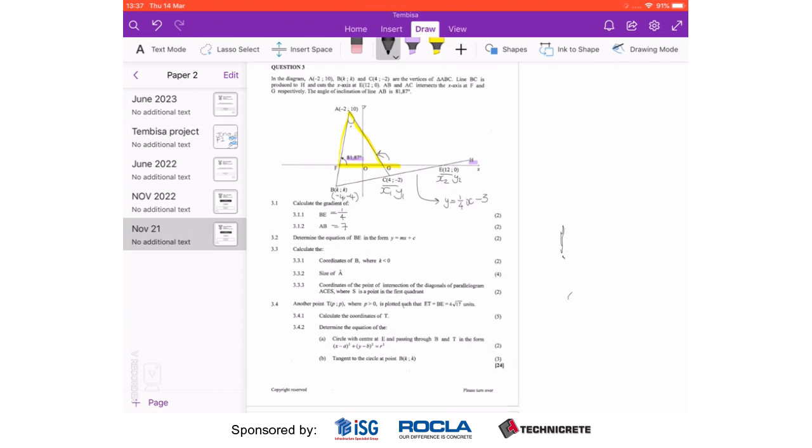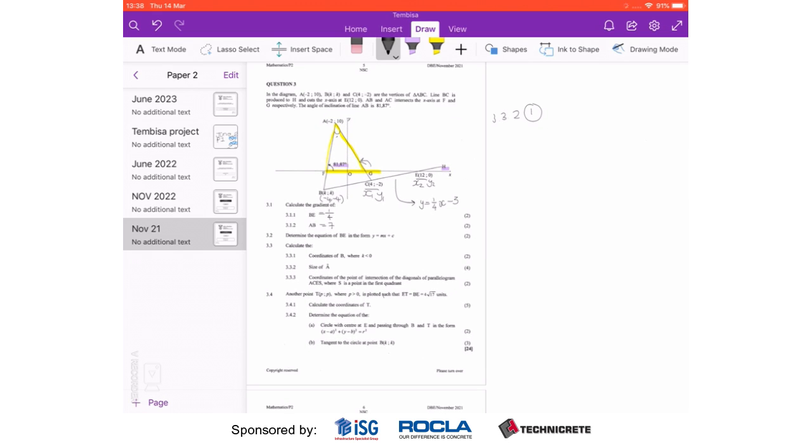So step 1, this is a 4-mark question, so let's be very careful here. 3.2. Step 1 is I want to find the gradient of AC.